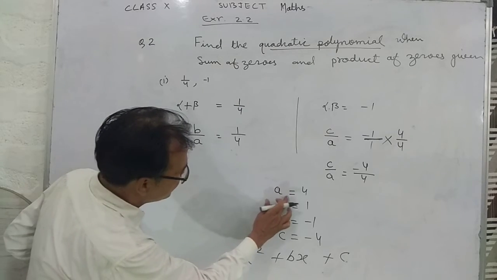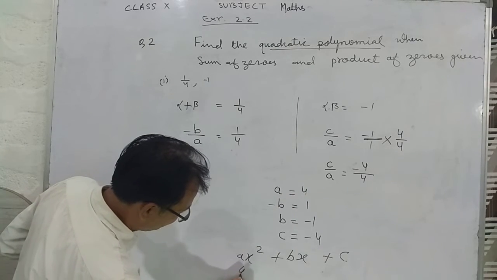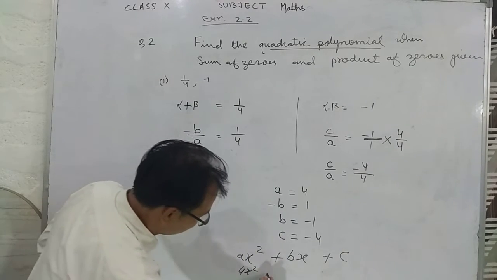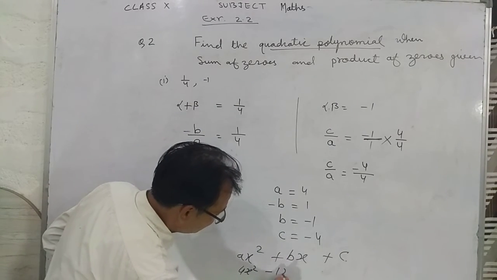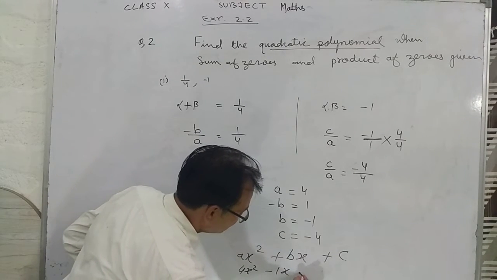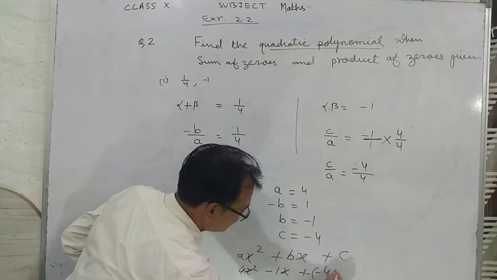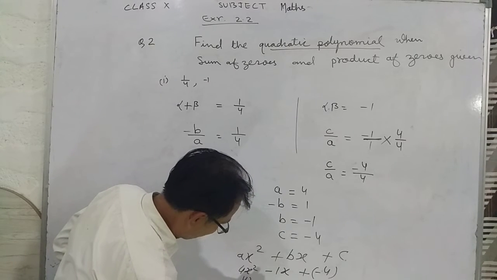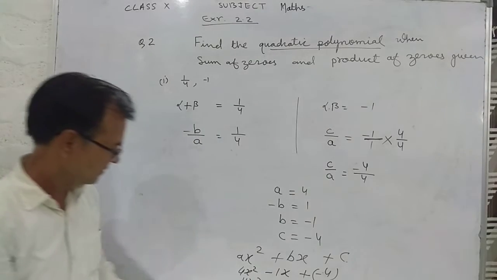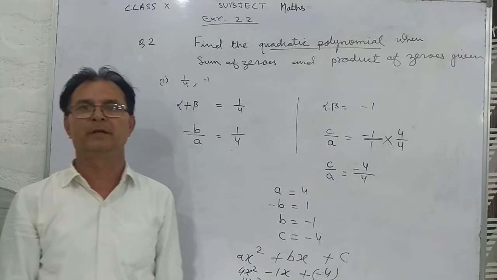So our a is 4, we will say 4x square. Our b is minus 1, this is minus 1x, and c is minus 4, this is minus 4. Now this is 4x square minus x minus 4. This is our required polynomial.